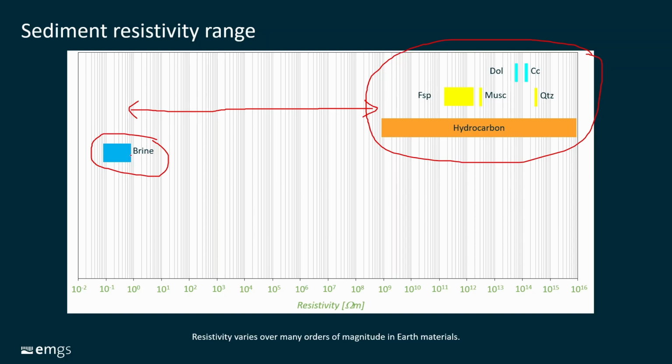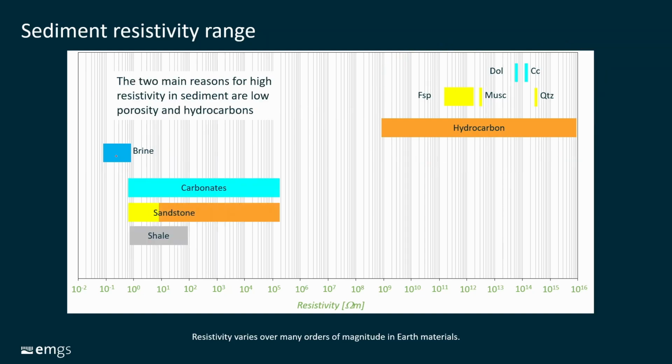So what will drive an electric current in sediment will be the brine, because everything else just doesn't conduct electricity at all. So when we put together sediments, they end up somewhere in between the brine properties and all the highly resistive stuff. How close they are to the brine properties depends on basically how much brine they have.